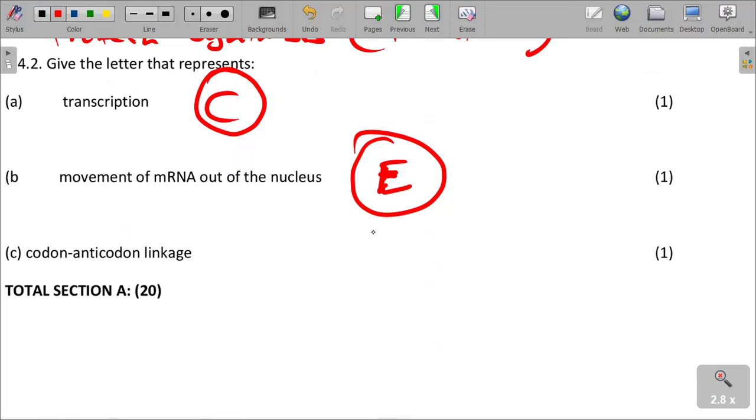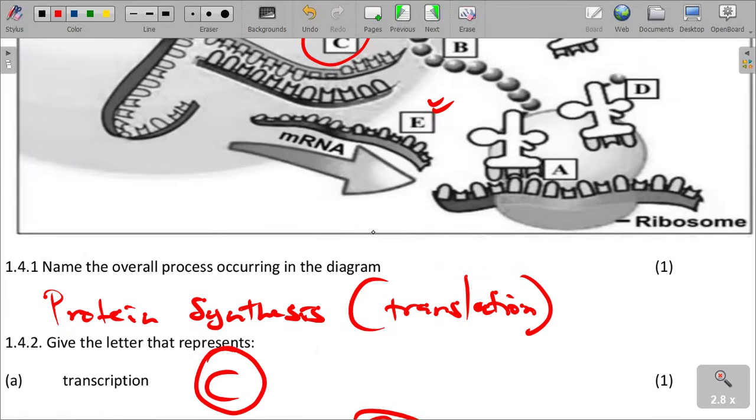And then codon-anticodon linkage, which is taking place at A. The codon-anticodon pairing, the codon-anticodon linkage.